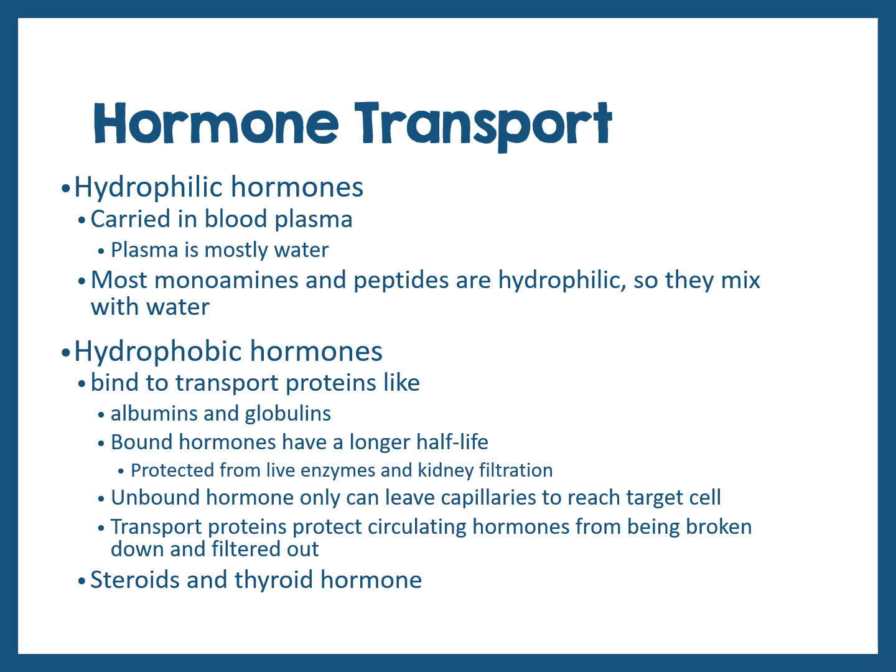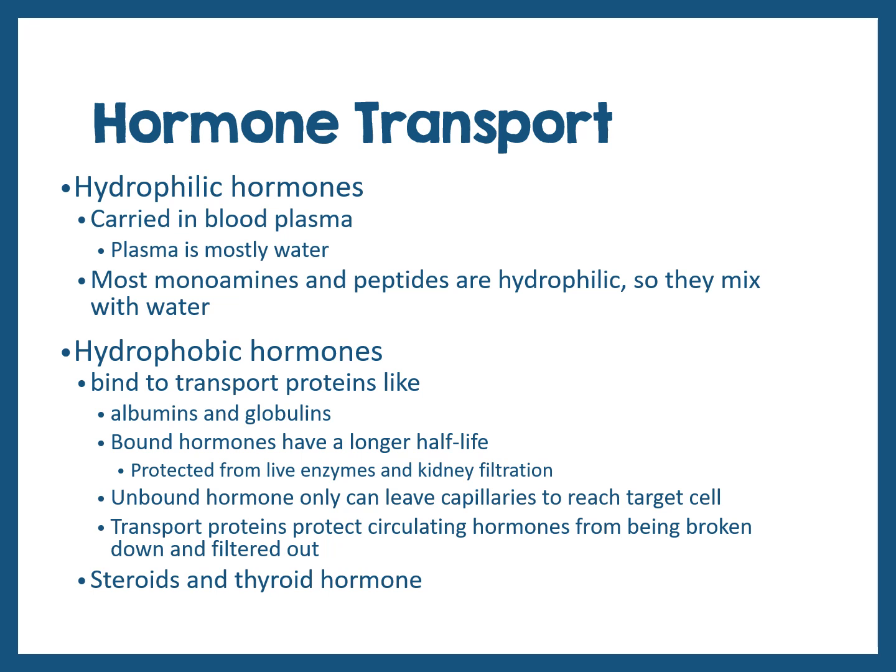When the hormone is bound, it will have a longer half-life. When the hormone is unbound, then it is not protected from being broken down by enzymes and being filtered by the kidneys. So it will have a much shorter half-life.